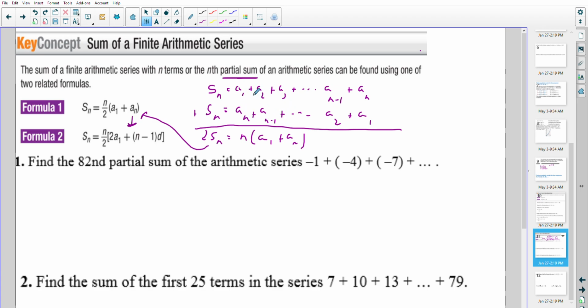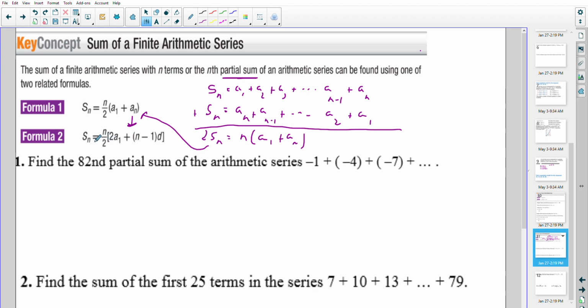And since that's the case, all of these sums are equal, and they equal, such as, the first and the last sum. There are n of those sums. And when you add them down, there are actually two S sub n's. So when you divide by 2, you get the first formula: the sum of the first n terms is equal to the number of terms divided by 2 times the first term plus the last term.